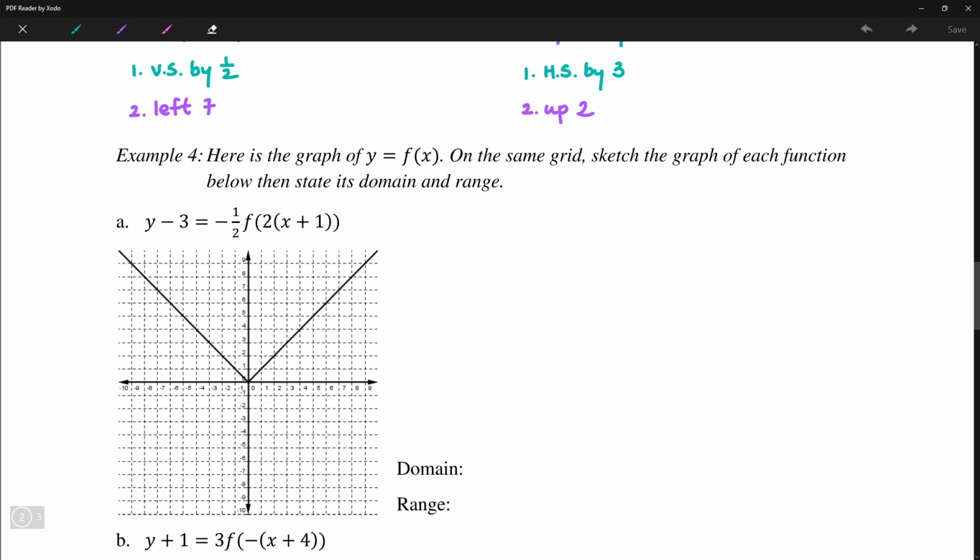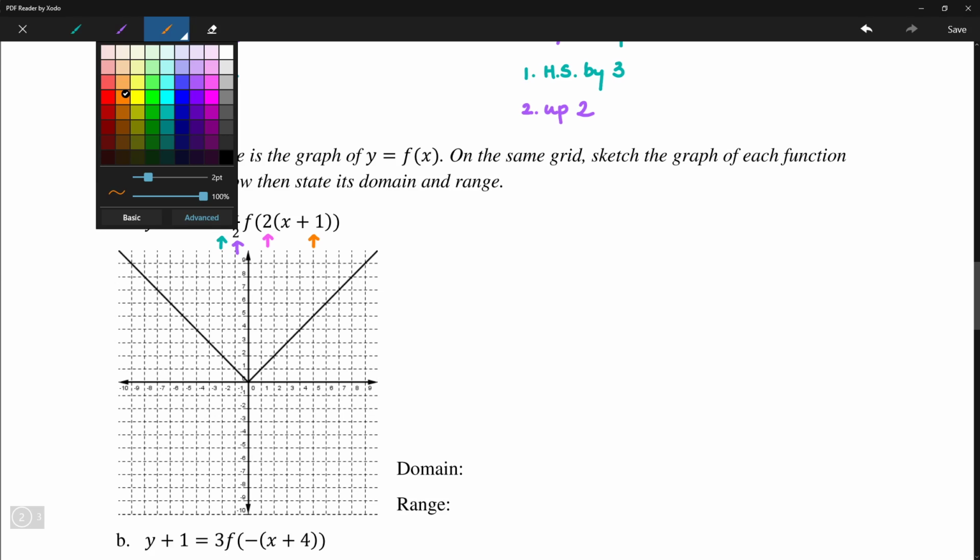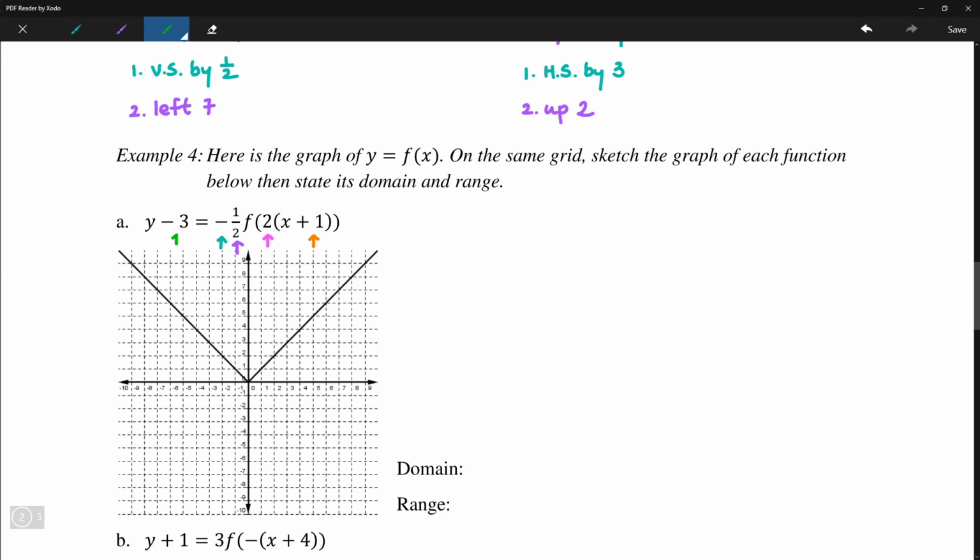Again, it's best to identify the transformations. There are 1, 2, 3, 4, and 5. Ooh, there's a bunch. So here is the negative sign is the first one, and then the 1/2. There is a 2, which is conveniently factored out already, so that's good. There's a +1, and there's also a -3 here.